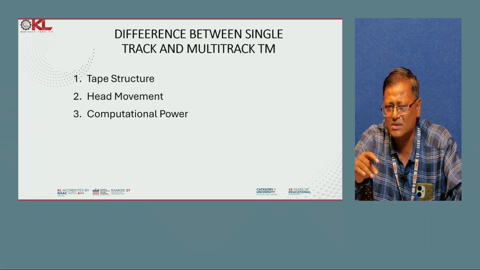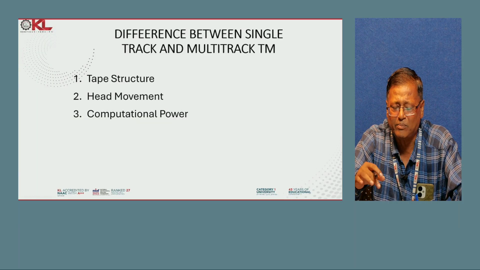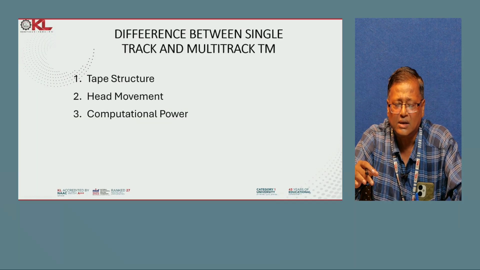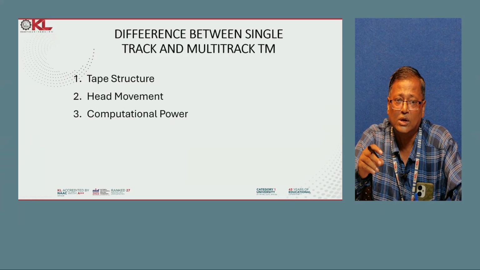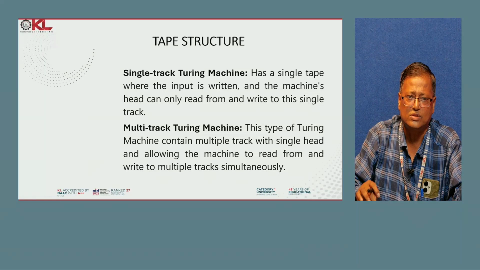Computational power means we compare what languages are accepted by the basic Turing machine, and whether those languages are also accepted by the multi-track Turing machine.